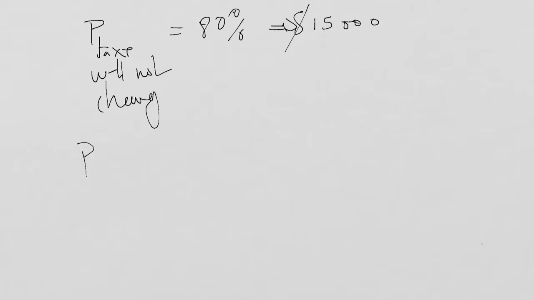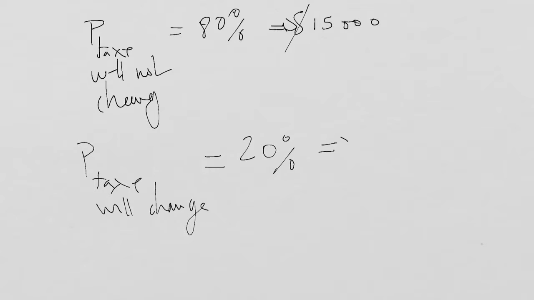But when the tax law changes, we have a 20% chance, and we are losing. Because we are losing, we have a minus $4,000 loss.